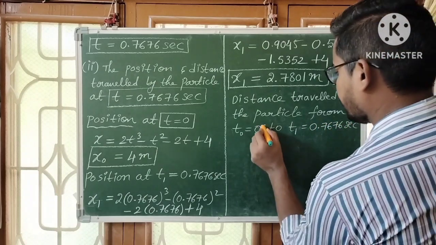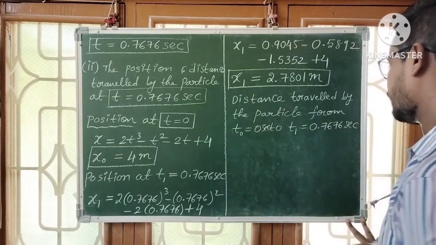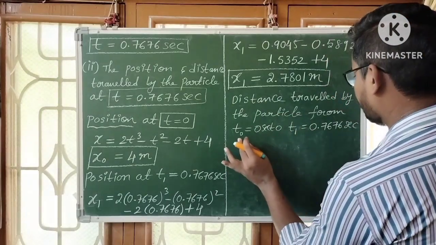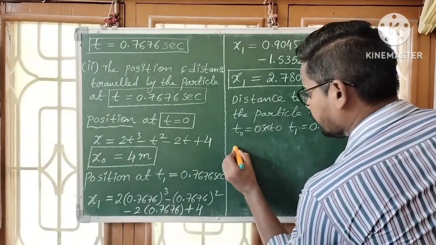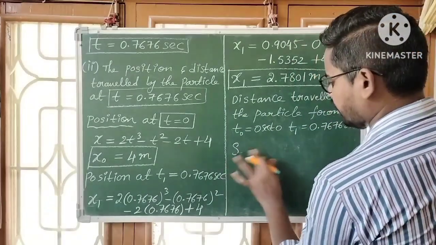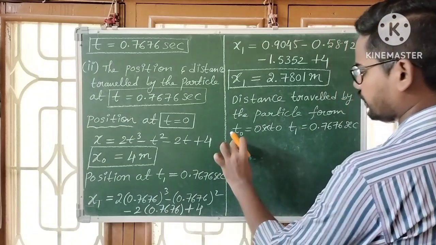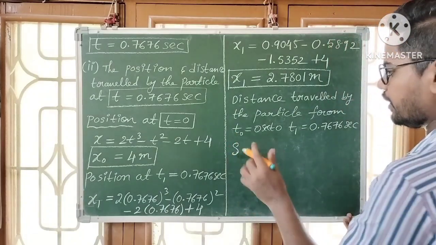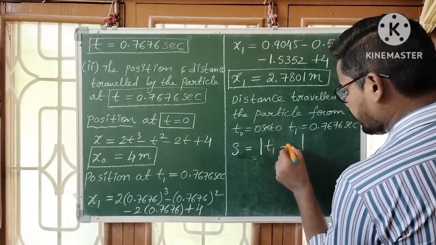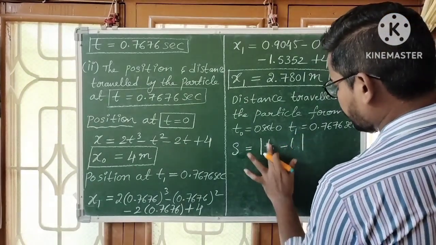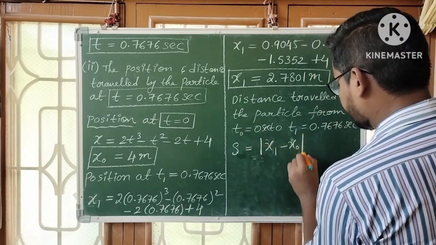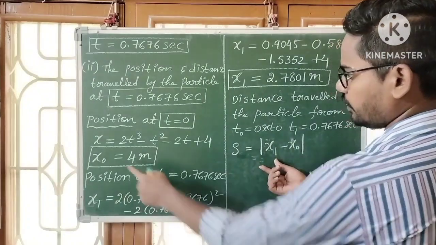Let the distance travelled be s. The distance travelled by the particle is given by the formula: modulus of final position x1 minus initial position x0.